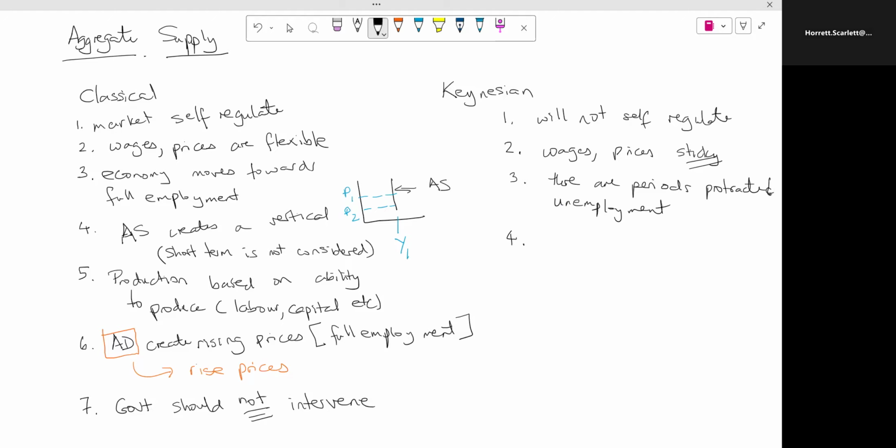He's also saying that under the classical viewpoint, you don't consider the short-term view of the economy. And therefore, in his model, under the short-term view of the economy, it will be an upward sloping aggregate supply curve, which contrasts with just ending up at this vertical line.